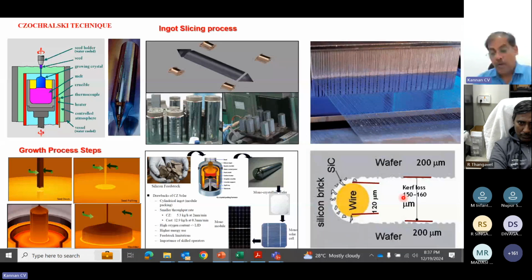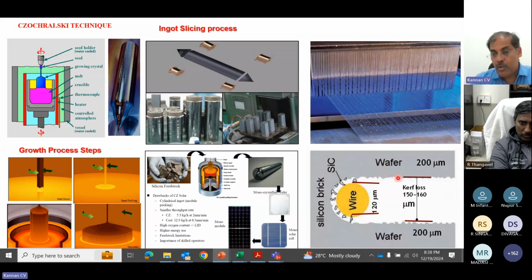Of course, right now you can use that powder for battery application. Still, you are using almost an equal amount of silicon to produce one wafer. You are wasting almost 70%, 80% of silicon as kerf loss. That's the reason the wire diameter has come down from 120 micron, maybe 10 years before, to 30 or 40 micron now.